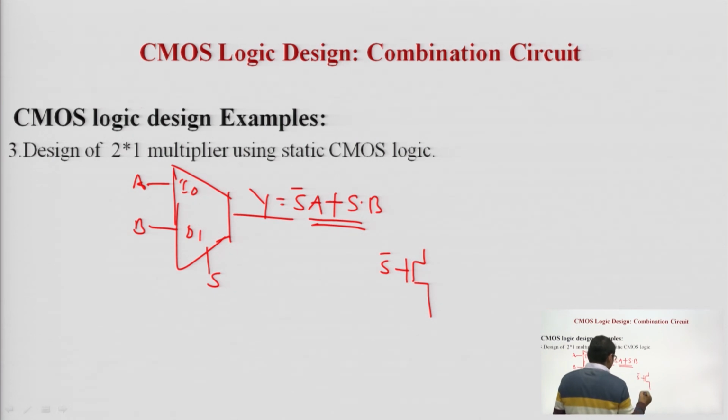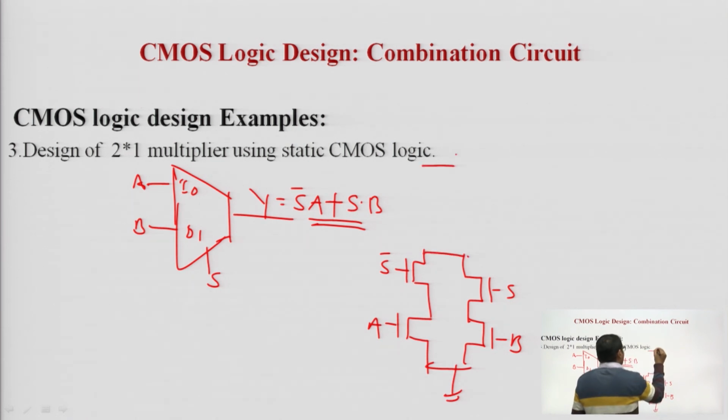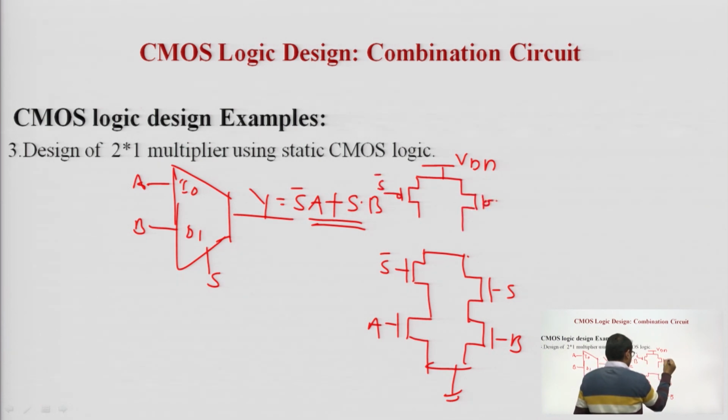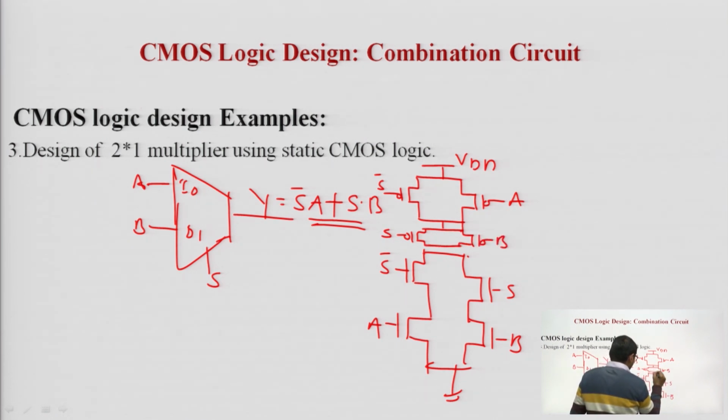this is S bar, A, S, B. Here is S, here is B, and the output is Y bar.